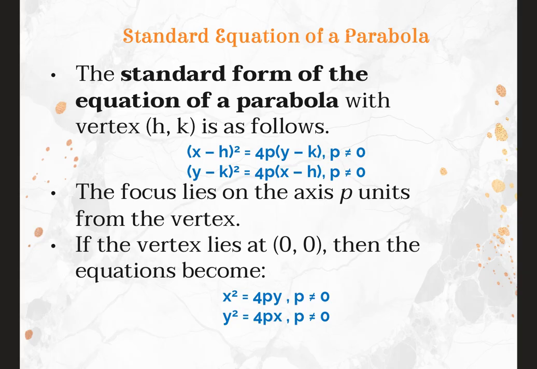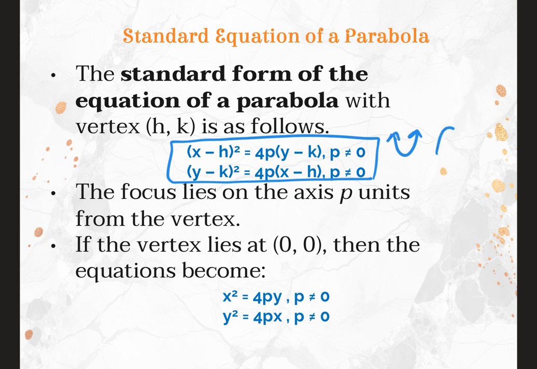Examples. All right, so standard form looks like this. The top is if your vertex is not at (0, 0). I would recommend just learning that because it can be tweaked for when it has (0, 0). All right, so for a parabola that points up or down, my equation is (x minus h) squared equals 4p times (y minus k).